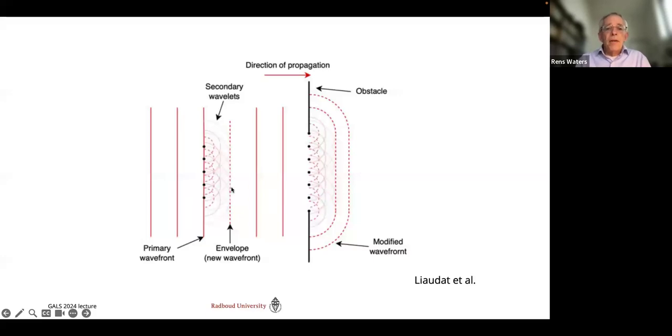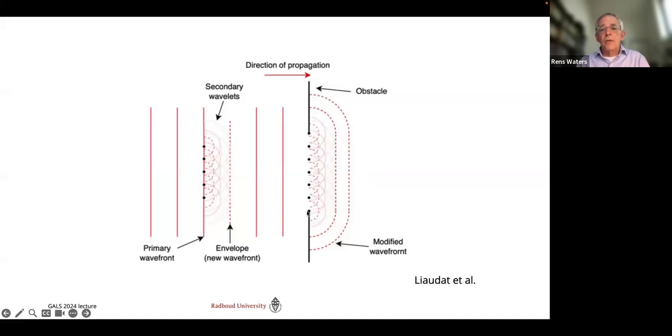So what happens is, in fact, that these telescopes can be viewed as a screen, where in principle there's an obstacle. So light is coming in from this direction. We have a distant object, so there is a plane wavefront coming in, and you can imagine that every wavefront is built up of points that are emitting spherical waves again, and so they can be combined into a new wavefront that is then propagating in this direction until it runs into an obstacle.